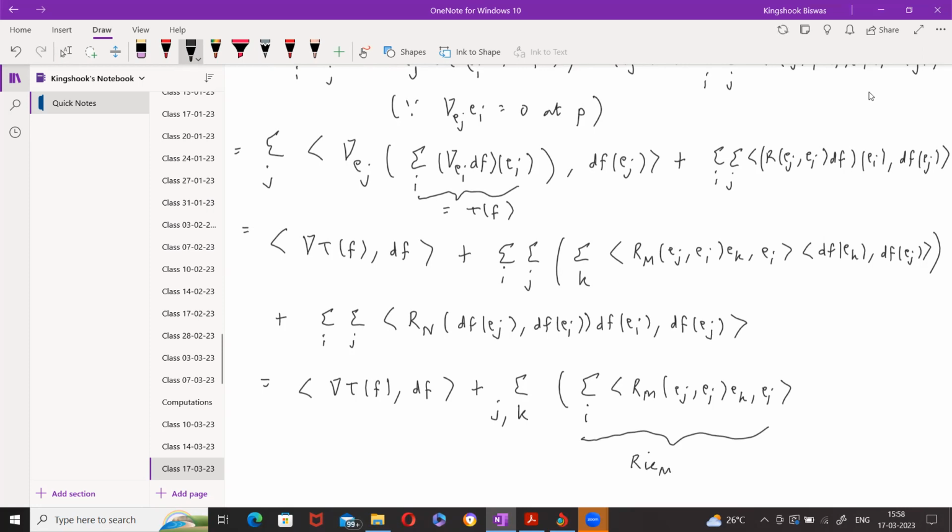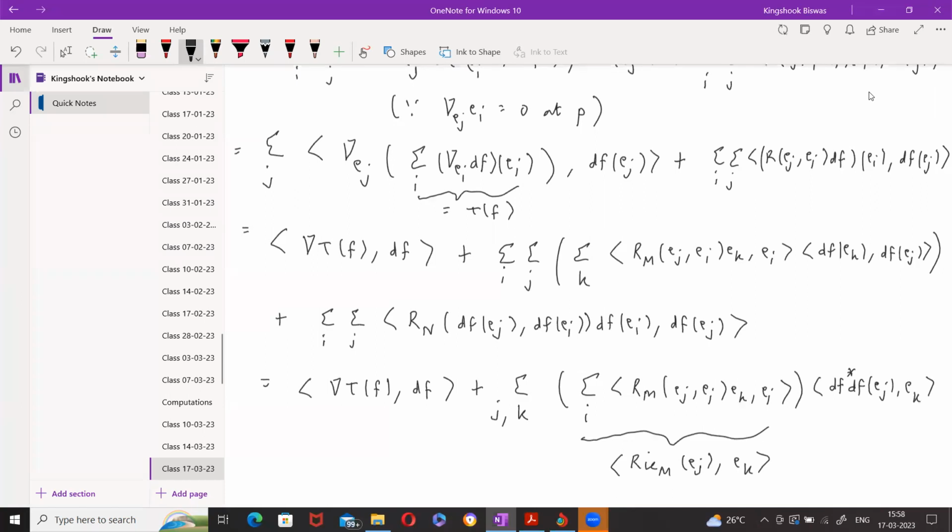This is Ric M of EJ, EK, right? By definition of the Ricci curvature and inner product, this I write as DF star DF of EJ EK.